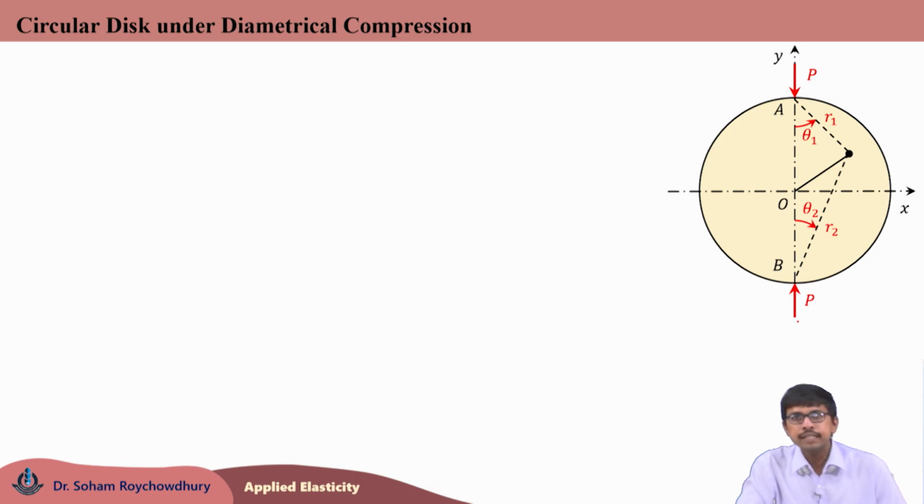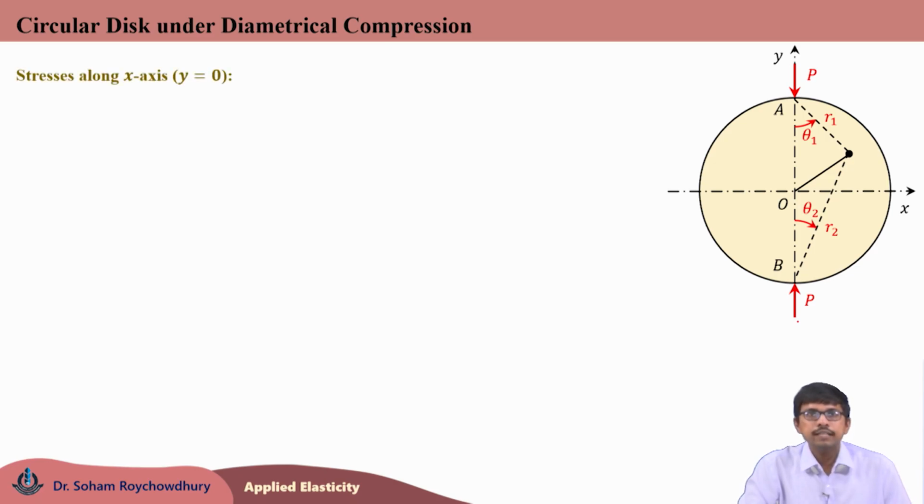Now, considering the stresses along the x axis and y axis, using the resultant state of stress as shown in the previous slide, we obtain the stresses on the disc along the x axis. Along the x axis we can obtain the stresses if you simply replace y with 0, x will remain as it is.